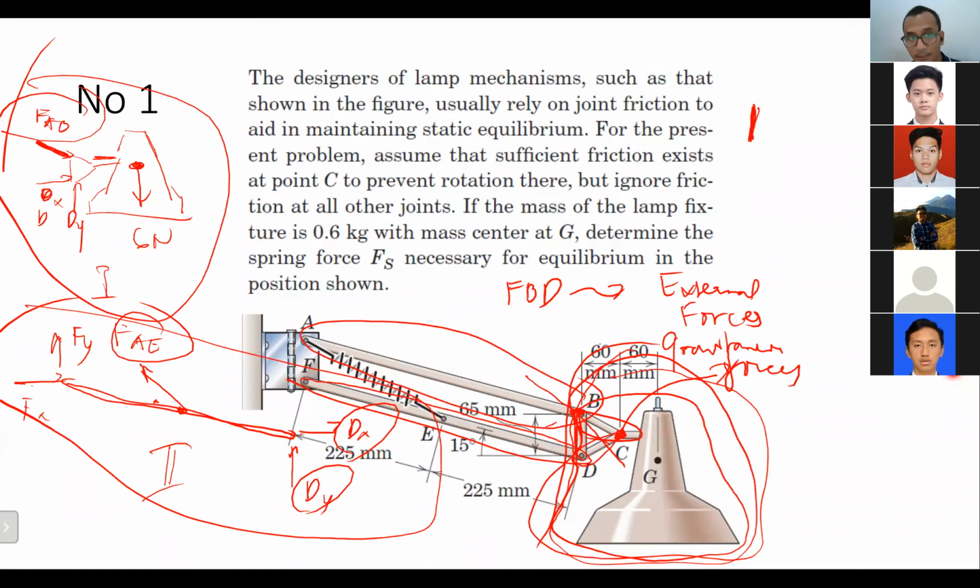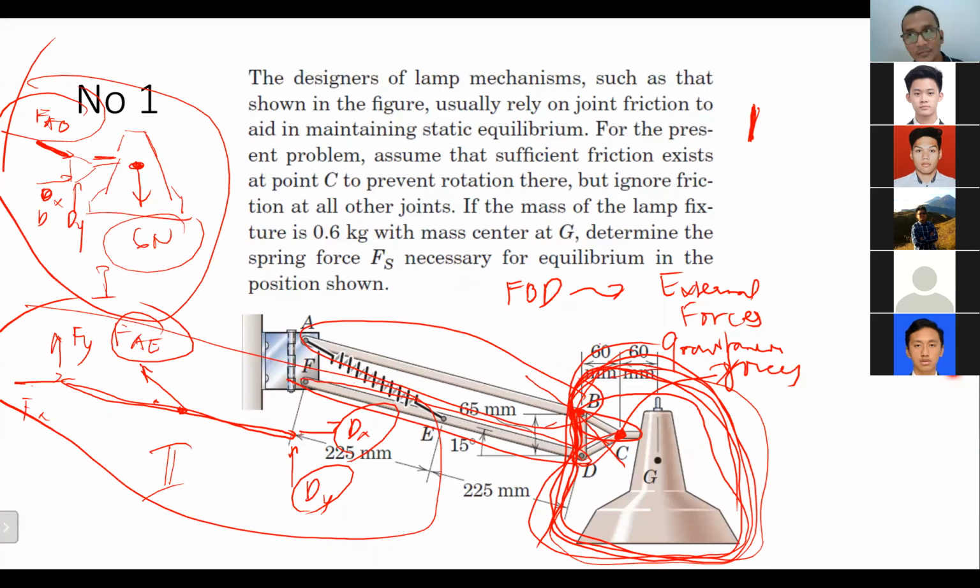So if I take BDCG as my free body diagram, everything outside of it is external force, plus I have to draw the gravitational force, which is 6 Newton here.